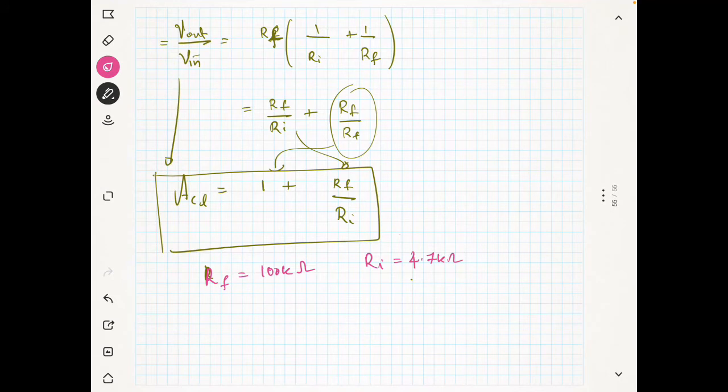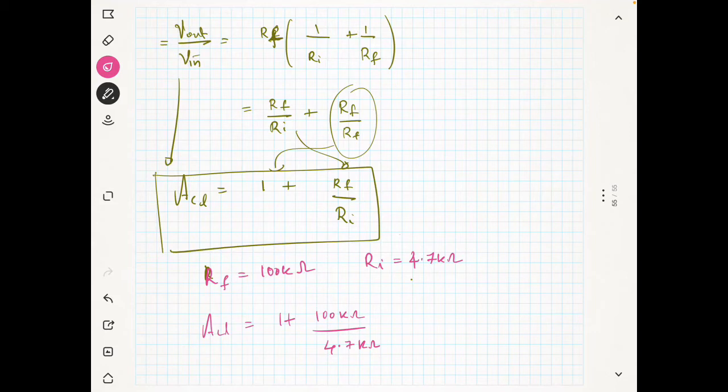So I can easily calculate my gain using this: 1 plus 100 kilo divided by 4.7 kilo ohm. Okay, so this is the answer.